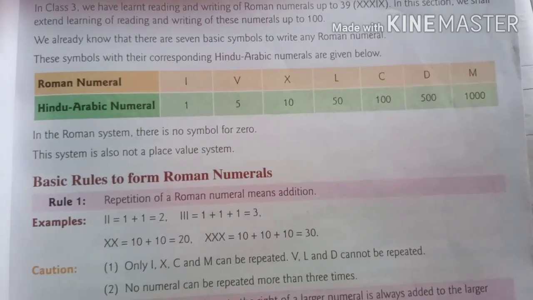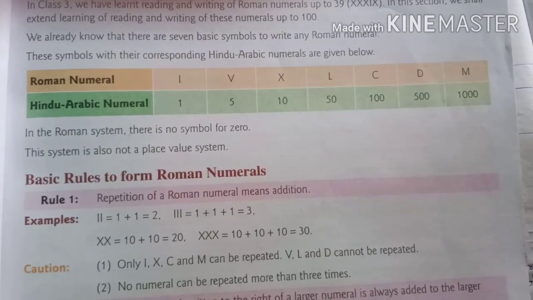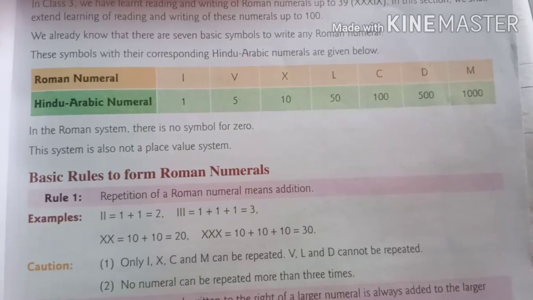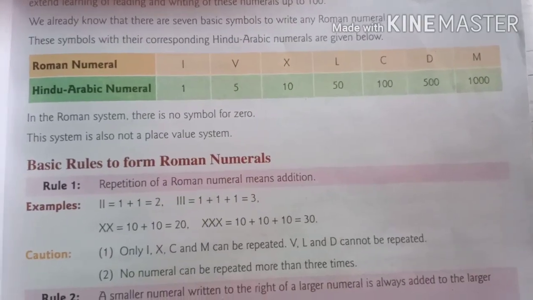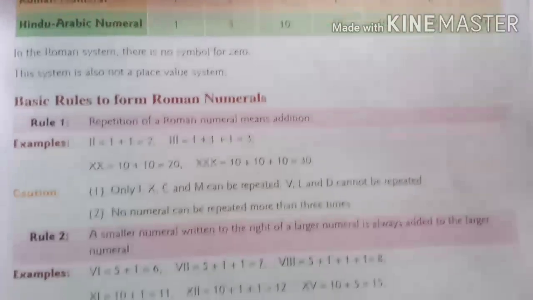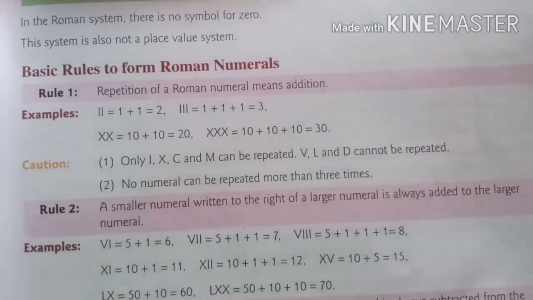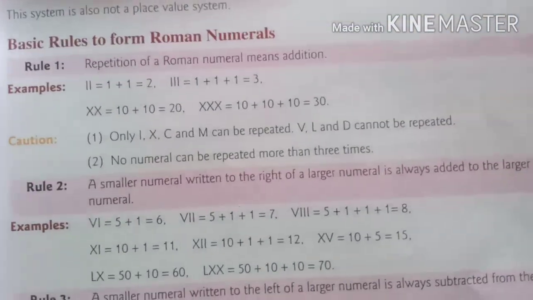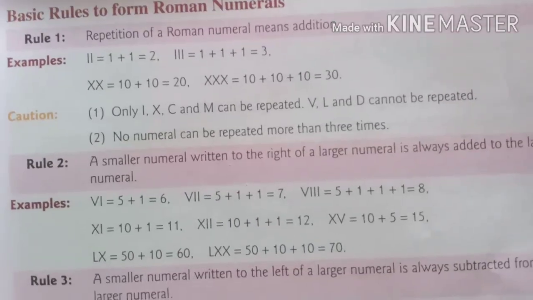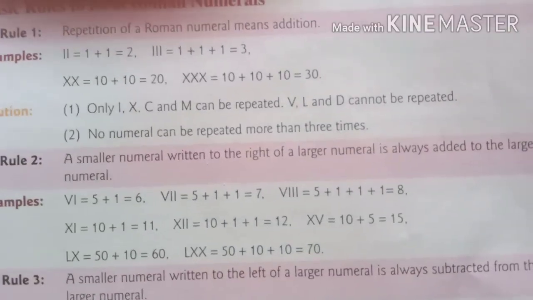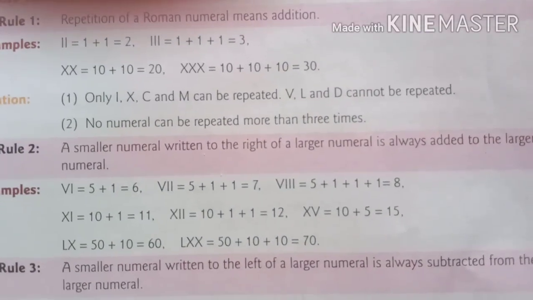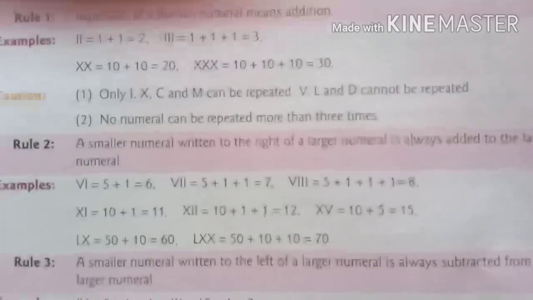For the zero nothing is given in symbols. Nothing indicates 0 in the Roman numerals. We have also read some basic rules and some restrictions also for making the Roman numerals. Now come to solve the exercise.